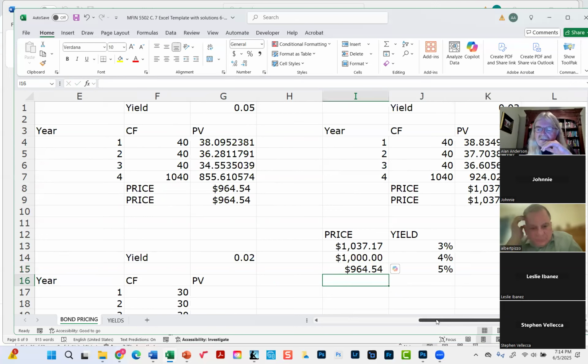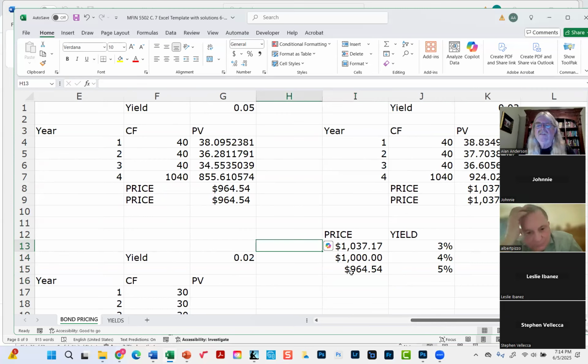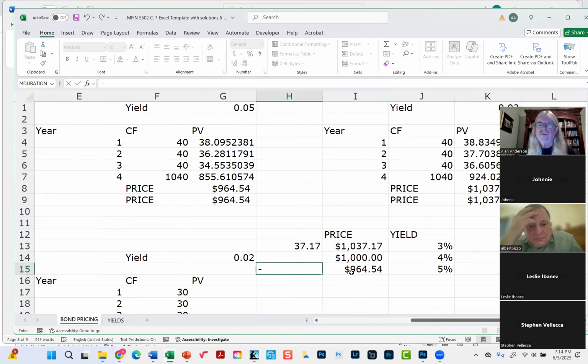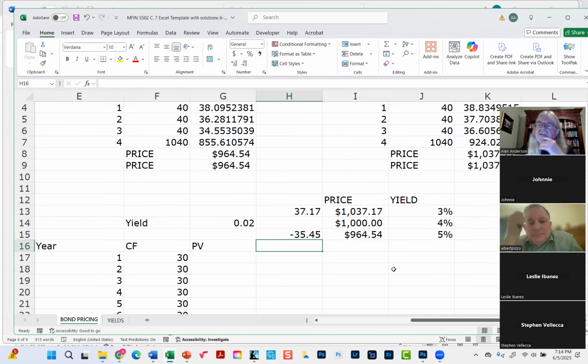So I'd like to point your attention to the fact that starting from here, if the yield drops by 1%, I gain 37.17. But if the yield raises by 1%, I only lose 35.46. And that's because of the convexity of the curve. With a straight line, these would both be the same. So this convex property actually is working to the advantage of the investors.